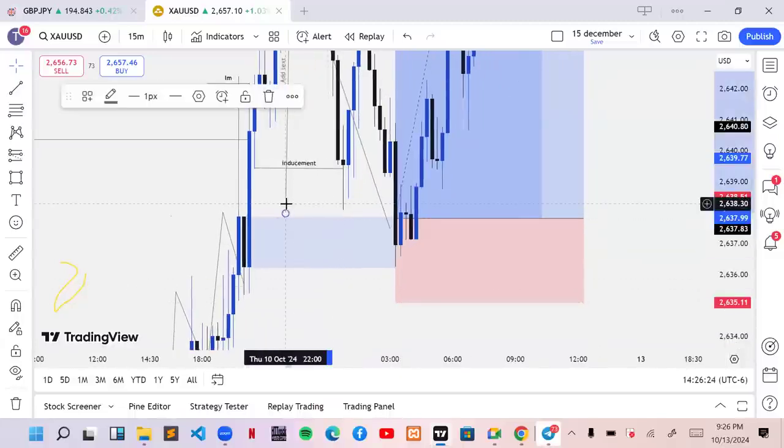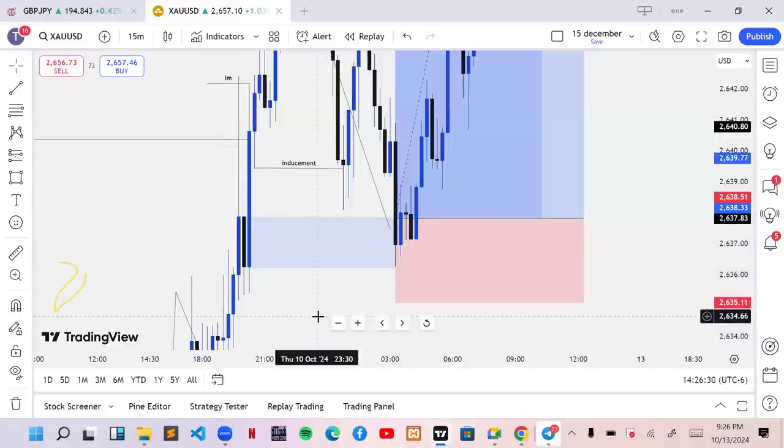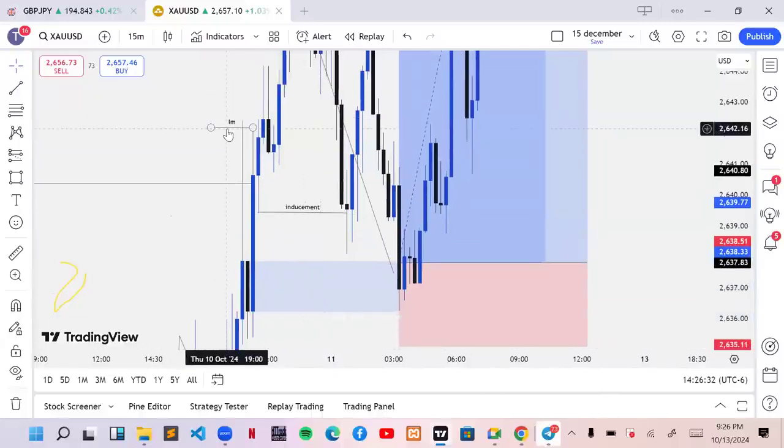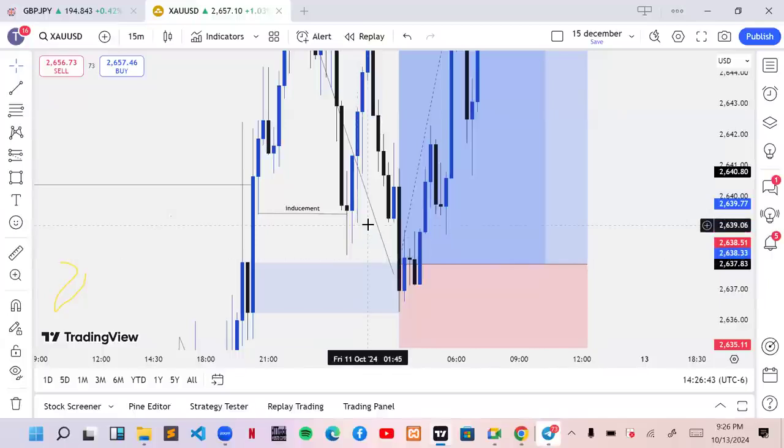You told the other guy that this is the first pullback, the one you mark out, the inducement. But what I was looking at, the last one here, I was looking at that one as my first pullback. Am I right?